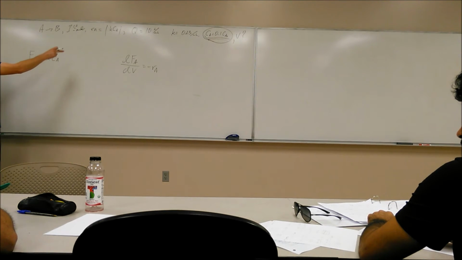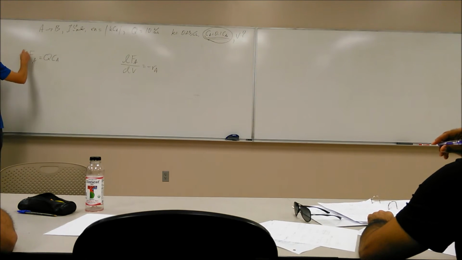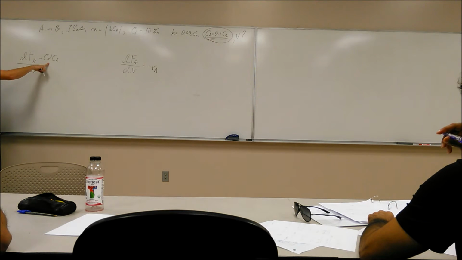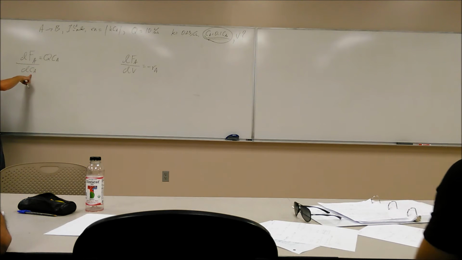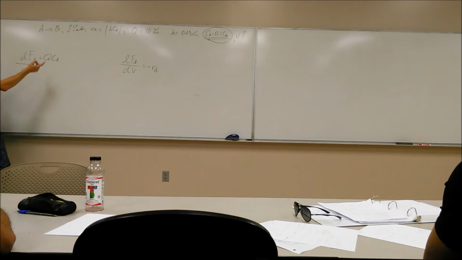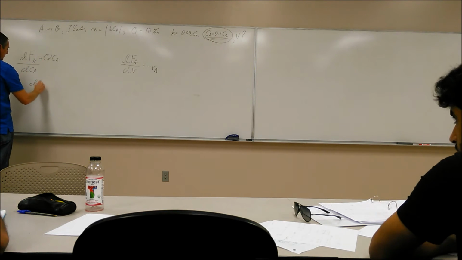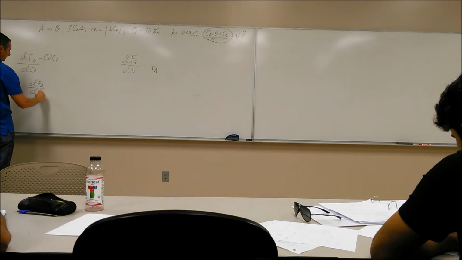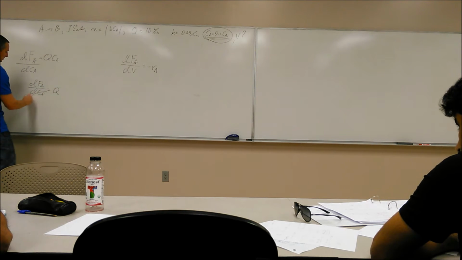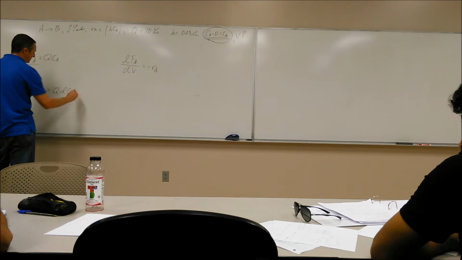Let's do a change of variable from FA to CA. dFA/dCA, do the derivative of this with respect to CA. What does it equal? Q. So dFA/dCA equals Q. dFA equals Q dCA.